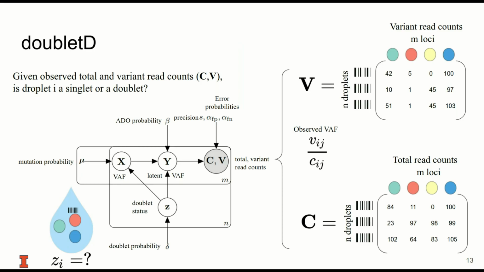So the question that doubletD answers is, given observed total and variant read counts, is a droplet a singlet or a doublet? To do this, we use a probabilistic graphical model to describe the generative process for the observed data. And while I won't have a chance today to discuss it in detail, I want to take a few minutes and describe the model at a high level.